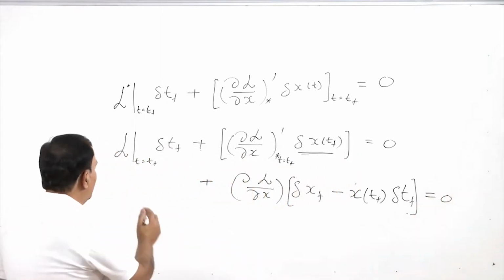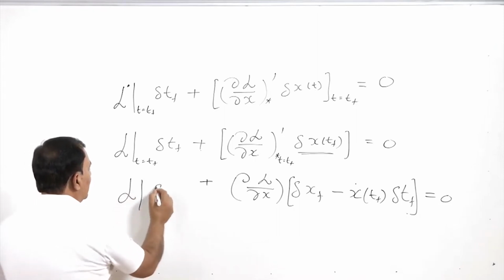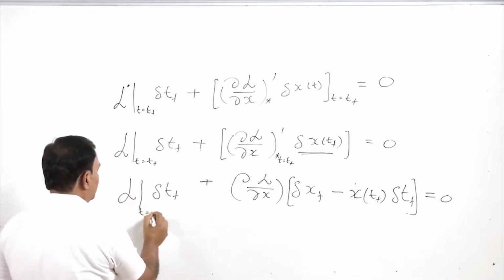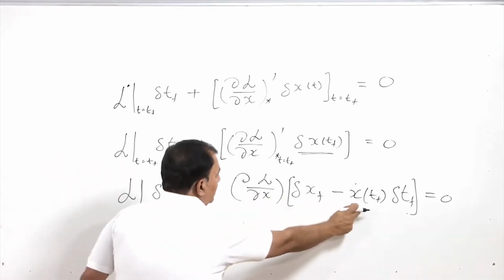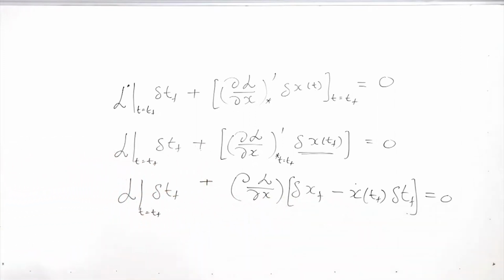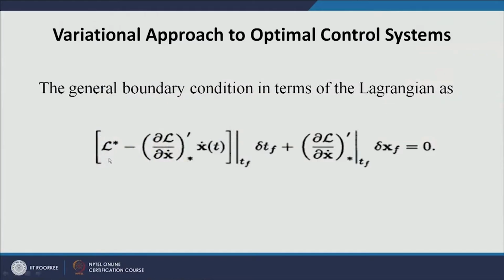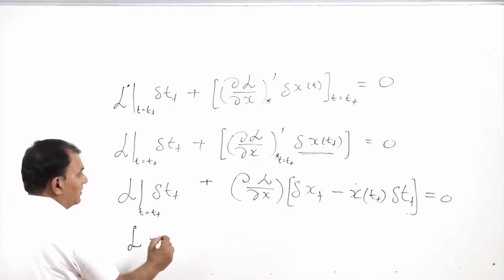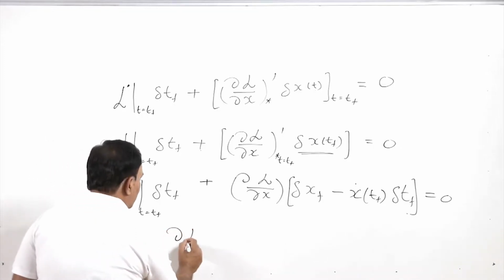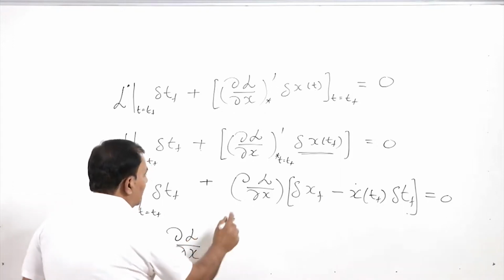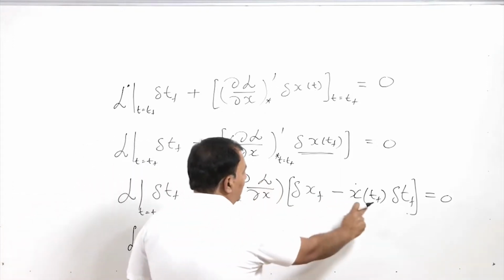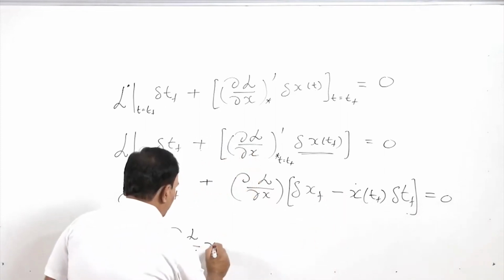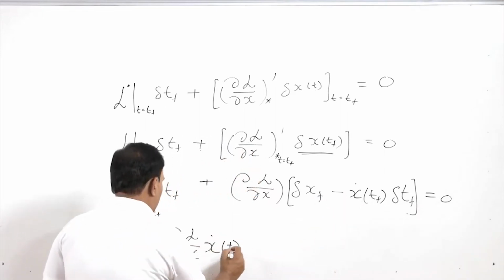So, I can club this delta Tf term together to get my final relation as L minus del L by del x multiplied with x dot t.